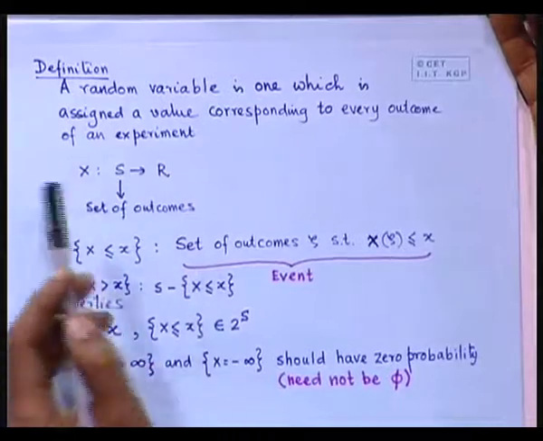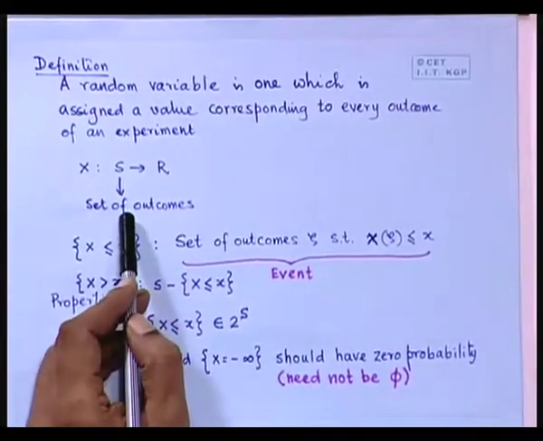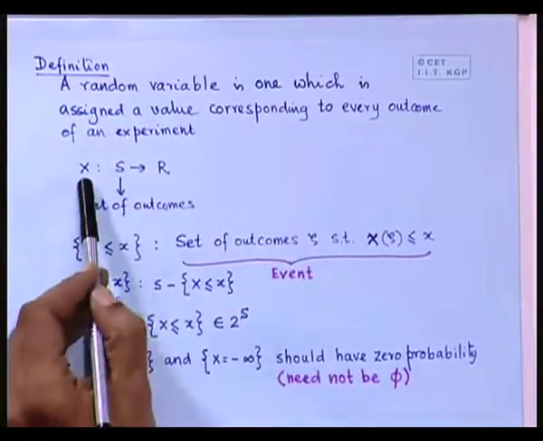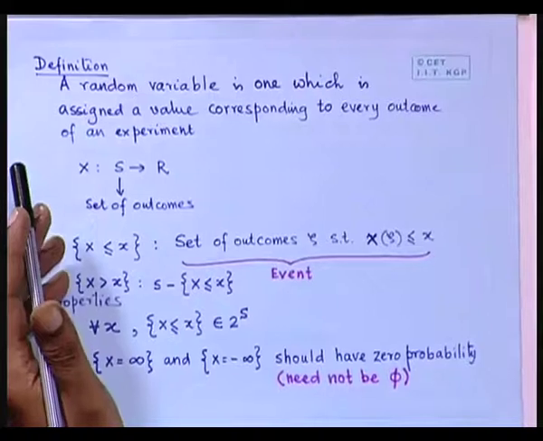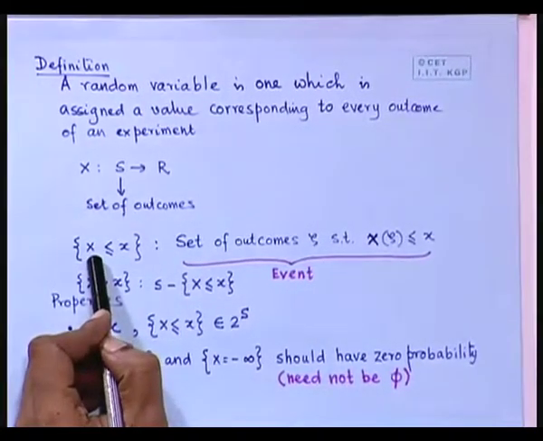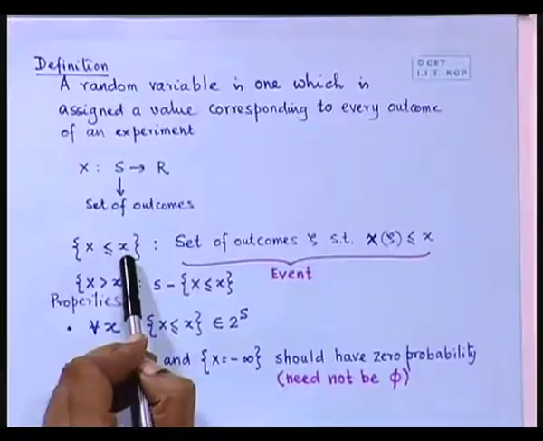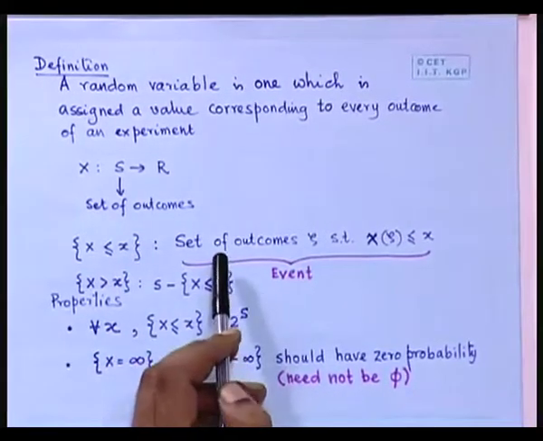Now, once you have a variable which will get values corresponding to every outcome, we can make statements about this random variable and talk about their probabilities. So, we can ask what is the probability that you will get less than 35 rupees. So, what is the probability that this random variable's value is less than or equal to small x? What does it mean?